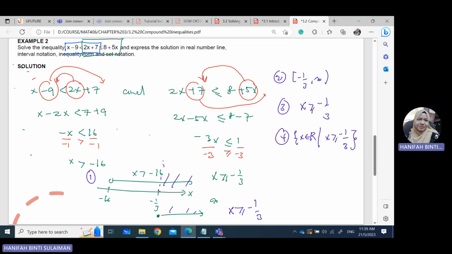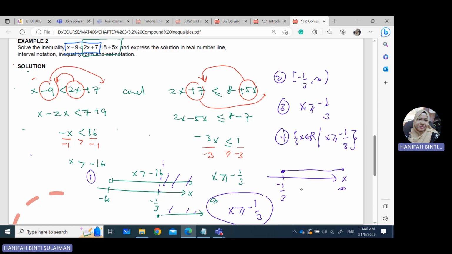Kalau dalam bentuk number line, untuk number line bagi case yang ini, kita tengok pada yang ini. So nilai X dia, this approaching to infinity. So negative 1 over 3. So daripada sini, number X tu daripada sini sehinggalah ke infinity, which is unlimited.